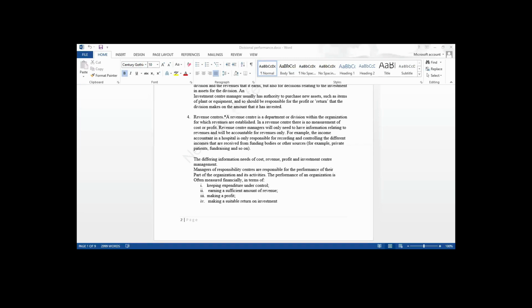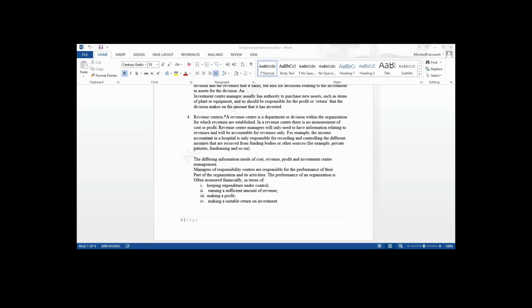In a revenue center, there is no measurement of cost or profits. For the revenue center manager, we only need information relating to the revenue. It's only meant to collect revenue.